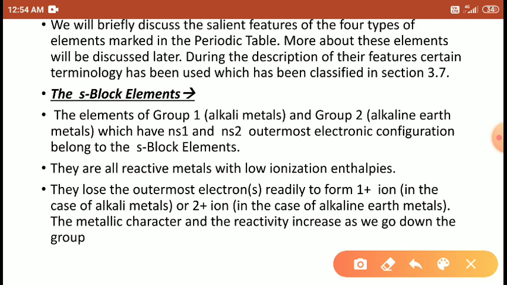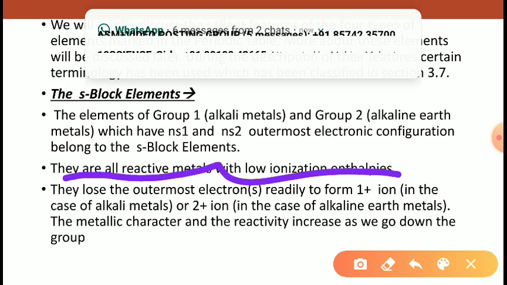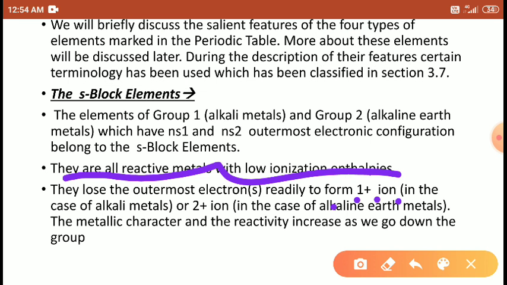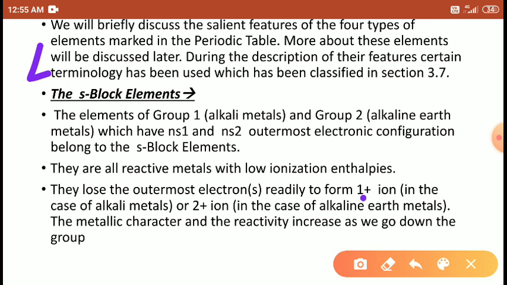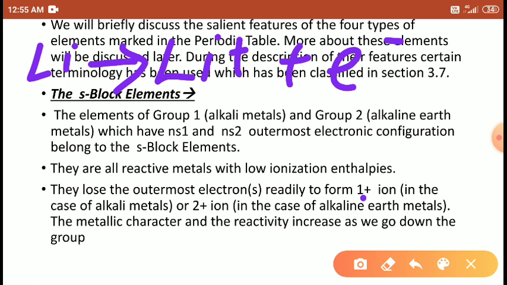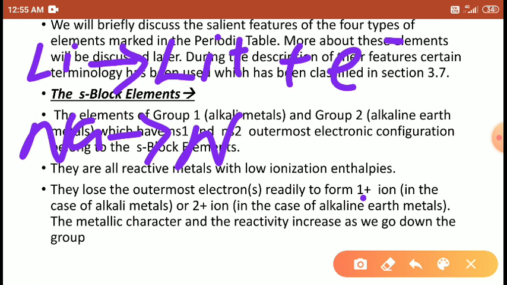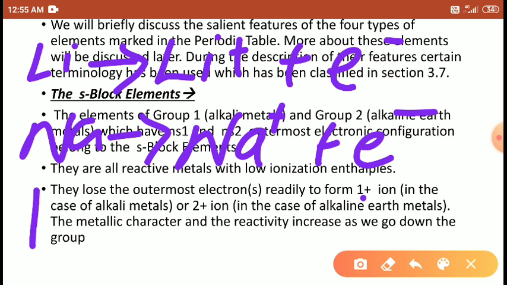They lose outermost electrons readily to form plus 1 ions. The group 1 elements easily remove electrons and form plus 1 ions. For example, lithium loses 1 electron to form lithium plus 1. Sodium turns into sodium plus 1 by losing 1 electron.